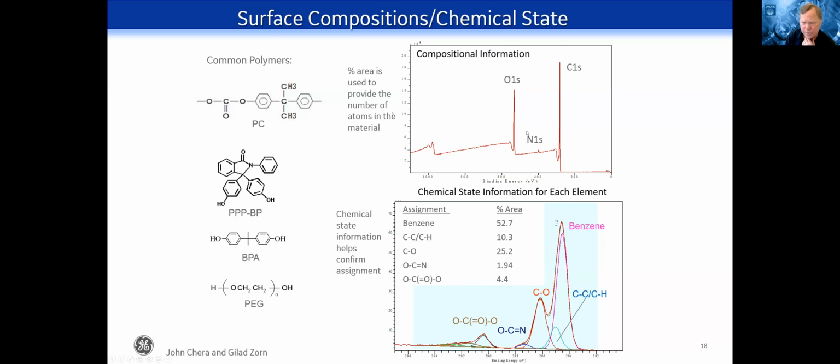So from the survey scan, we get the broad view, all the elements that are present. From the high energy resolution scans of the different peaks, we get the chemical state information. And from the combination of both pieces of information, we could rule out certain chemical structures and identify which species is indeed present.